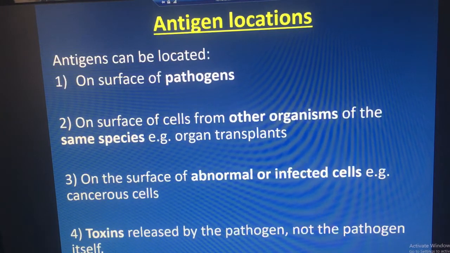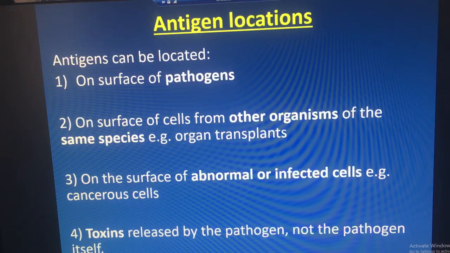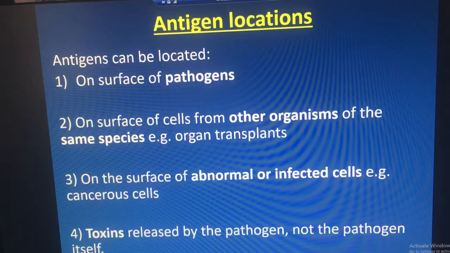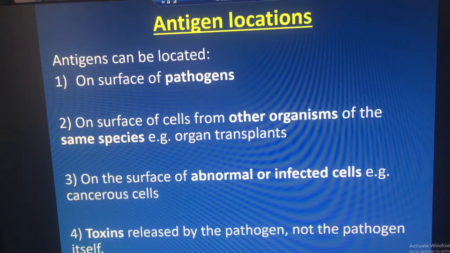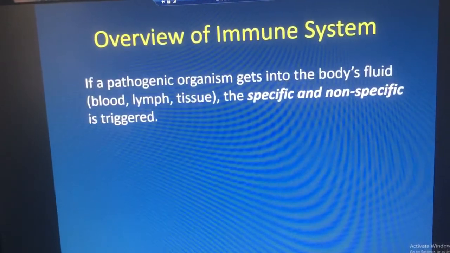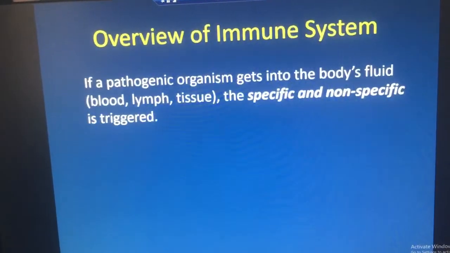And then sometimes toxins which are released by the pathogen itself can act as antigens. So when we think about pathogens, we can have antigens on the surface, or we can have antigens that are released by the pathogen.